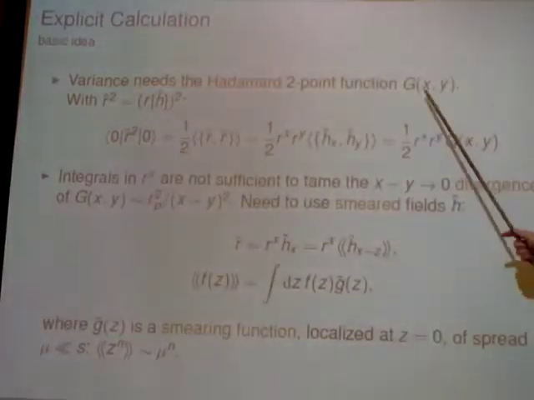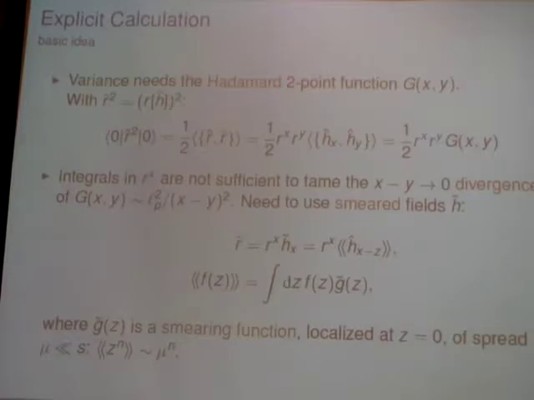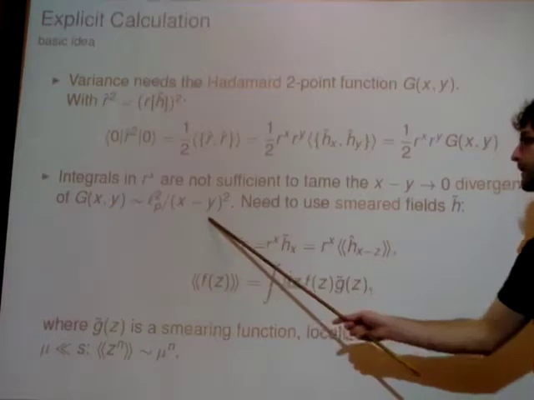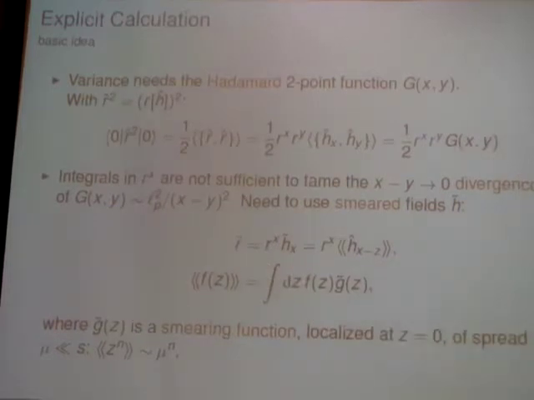If you know anything about the structure of two-point functions in quantum field theory, you know that they are singular as the arguments go close to each other, so the separation goes to zero or even becomes null, because the Hadamard two-point function will look something like this. When you look at these integrals over the underlying geodesic segments, the arguments that you're integrating over often pass through each other or become null separated.